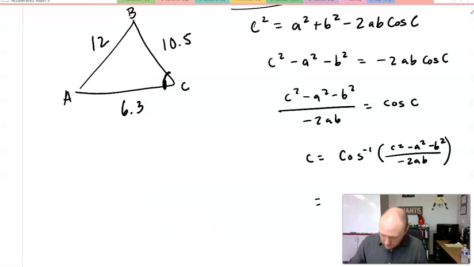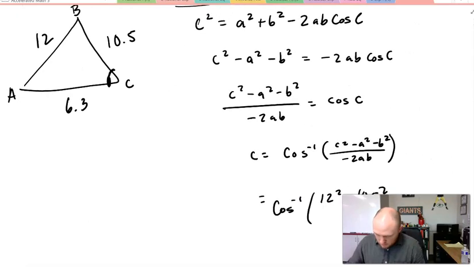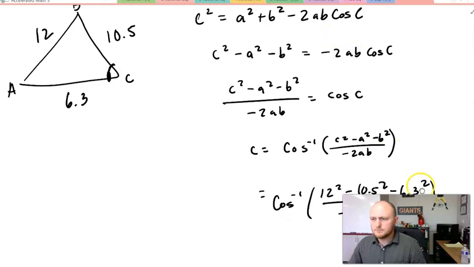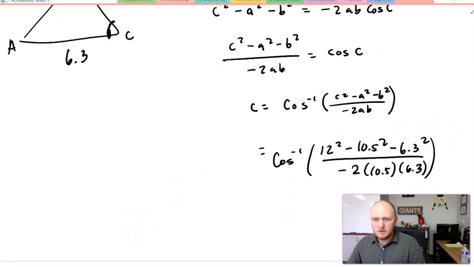My bad, guys. Cosine inverse of 12 squared minus A squared, which is 10.5 squared, minus B squared, which is 6.3 squared, all over negative 2 times 10.5 times 6.3. If you can see that behind me, there we go.